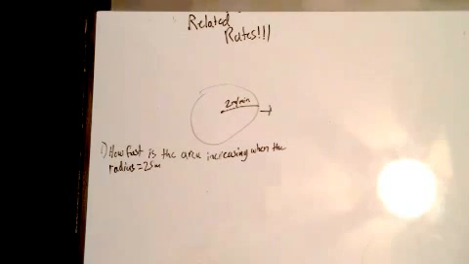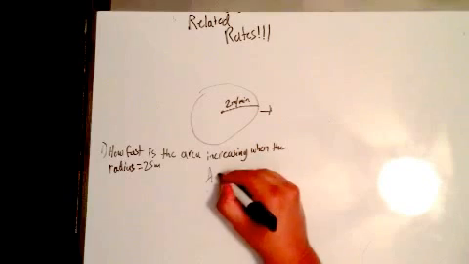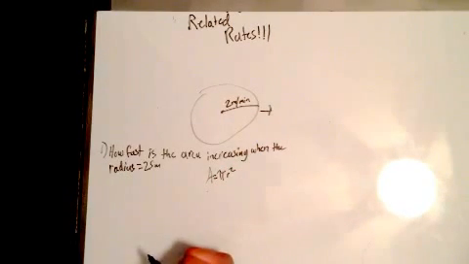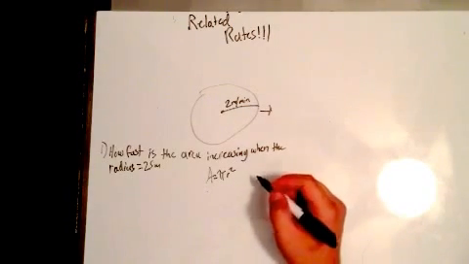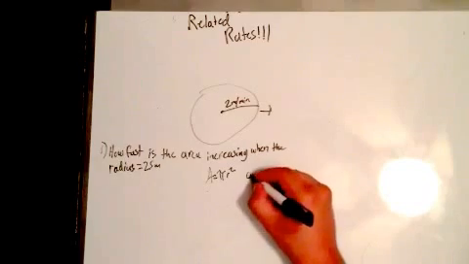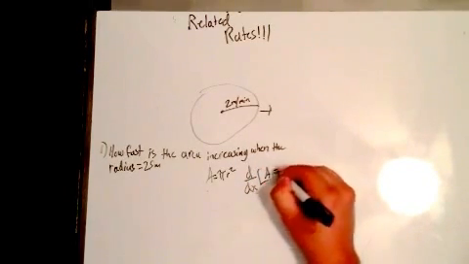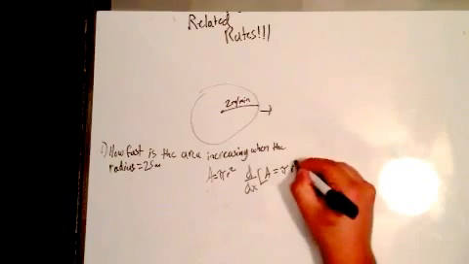What we know is the area of a circle is pi r squared. Now we're just going to do the same thing that we did on the last problem. We're going to take the derivative of all of this.